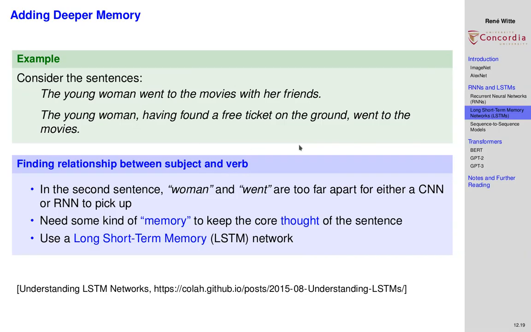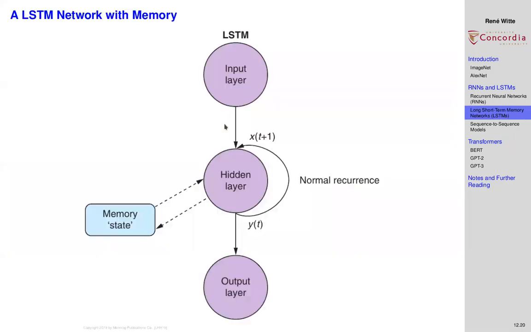So the extension that we want to do with an LSTM, the long short-term memory network, is that we have an additional memory state. And this can keep track of the core thought, the core theme of a sentence, of a sequence that we feed in. So the network architecture looks like the same one as before, an RNN type architecture with the recurrence in there.